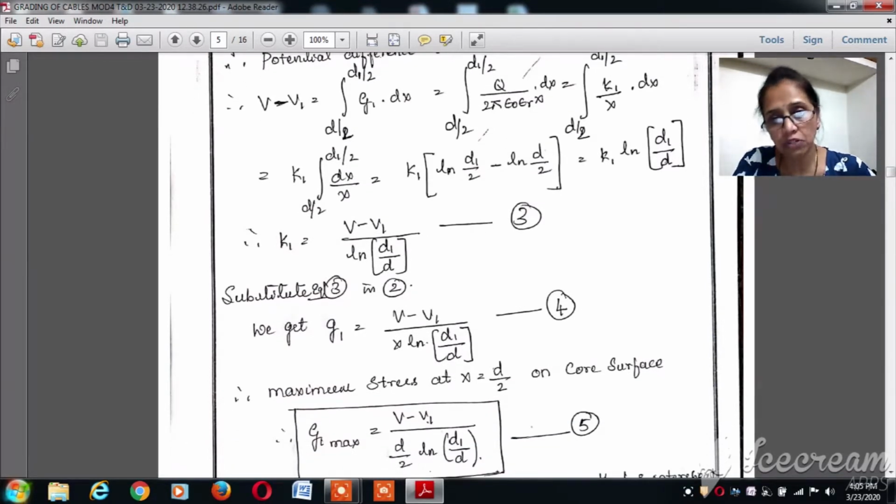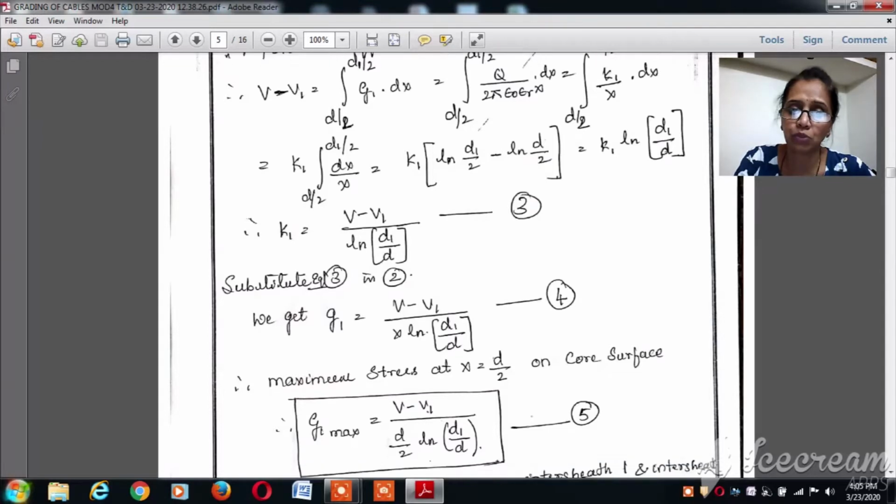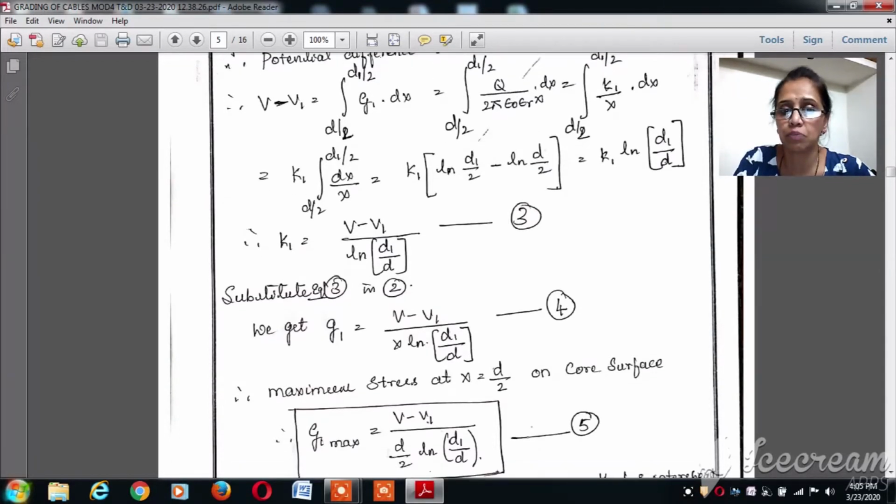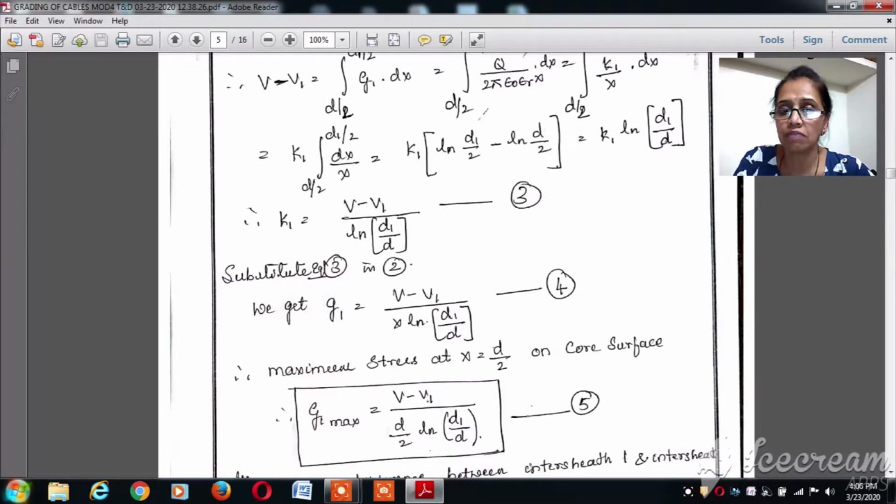If we substitute the third equation in the second equation, we get G1, the stress, equal to V minus V1 divided by x into ln D1 divided by D, which is the fourth equation.